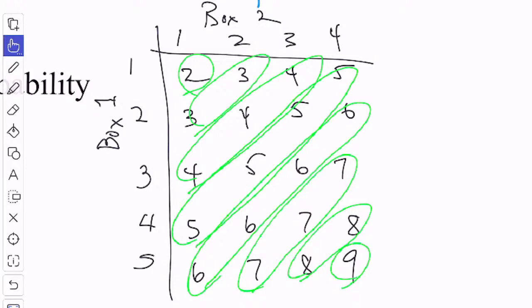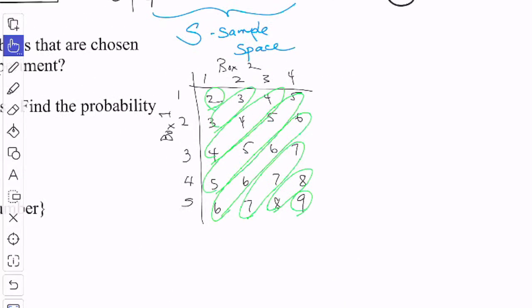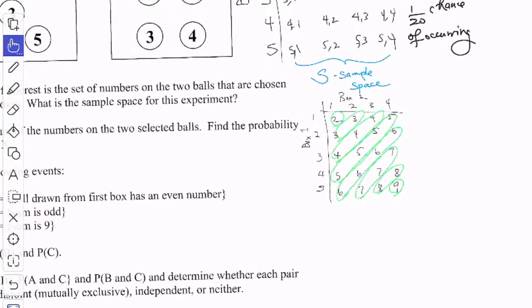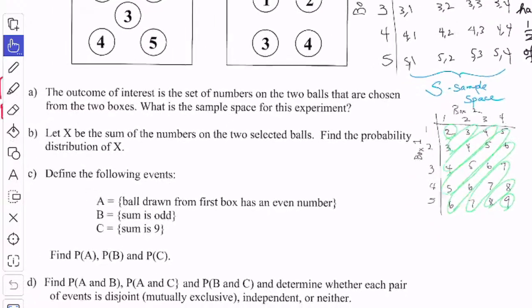Remember, each single one is 1/20th from what we saw above, but although the chance of seeing a 2 as a sum is 1 out of 20, the chance of seeing 3 is 2 out of 20, and the chance of seeing 4 is 3 out of 20, and 5, 4 out of 20, etc. So we have to write that down. So now we have a chance to apply what we learned about making a probability distribution.